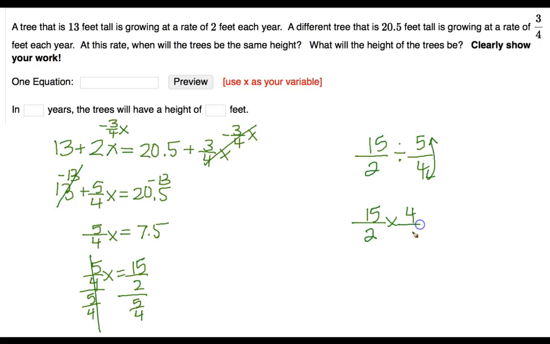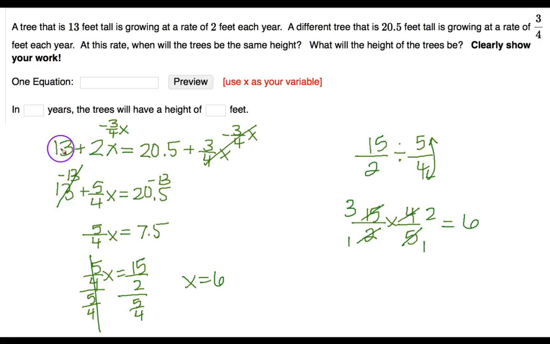So this can be 4/5. Here I can cross cancel. This becomes 1, this becomes 2. Here 5 and 15 have 5 in common, so 15 divided by 5 is 3. 5 divided by 5 is 1, so this is going to leave me with 6. So x equals 6.